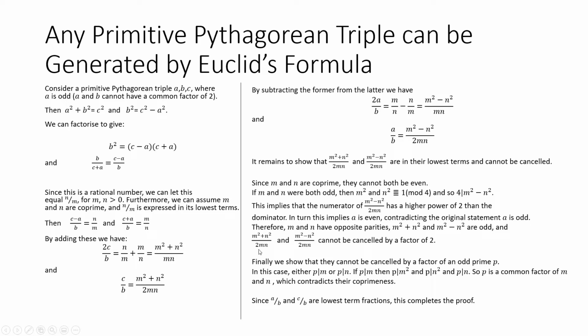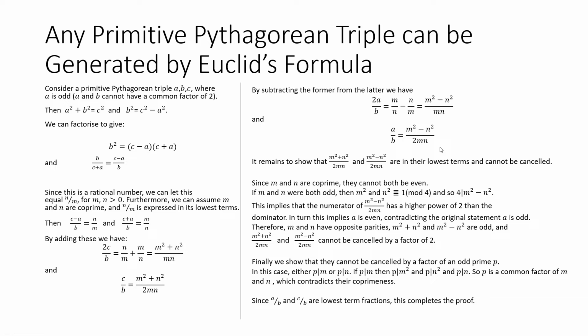What I do next is similar for the a's. I find the difference, so this one minus this one is 2a over b, so m over n minus n over m is m squared minus n squared over mn, and divide through by 2. We've got a similar expression, just with a negative sign there, for a over b.